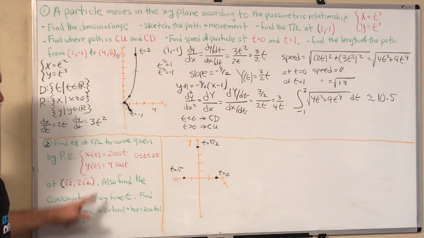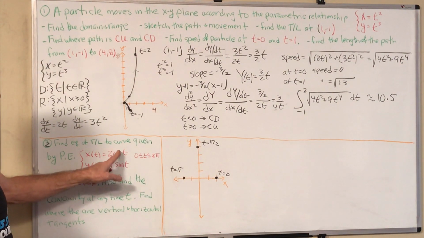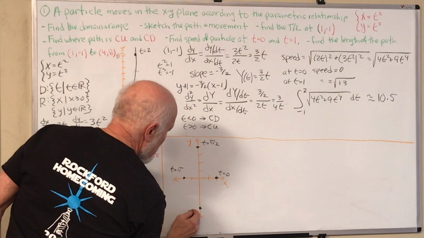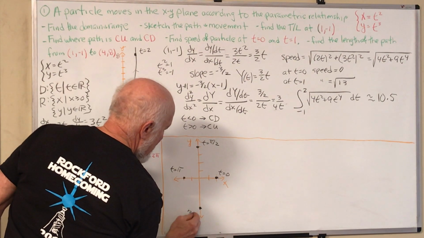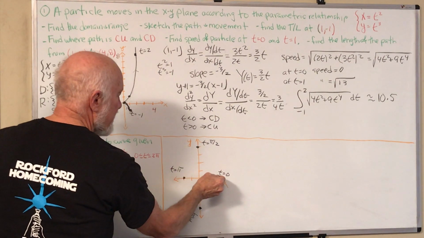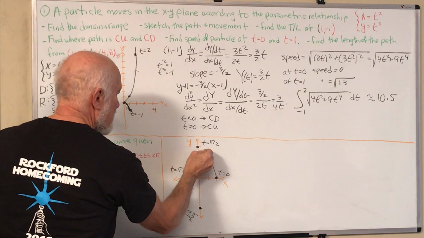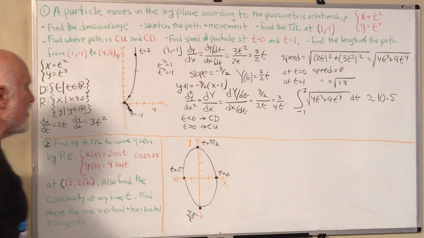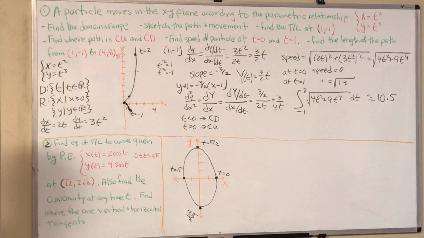And at 3 pi over 2, you're at (0, -4). And then you're going to be back to where you started. So it looks a little bit like it could be an ellipse.